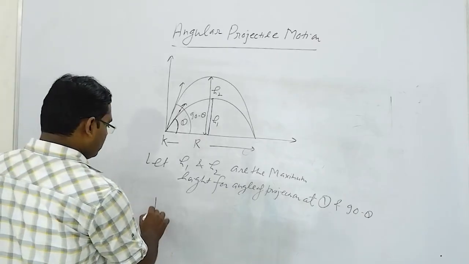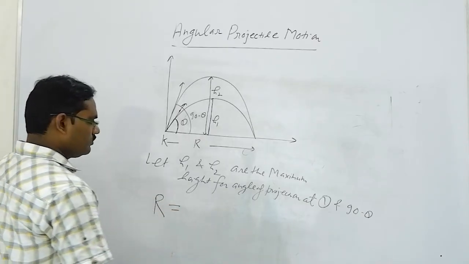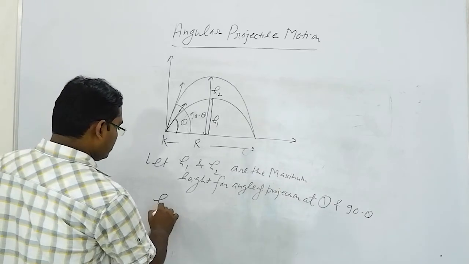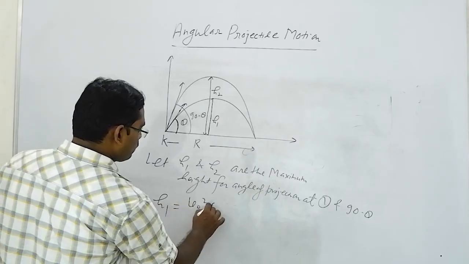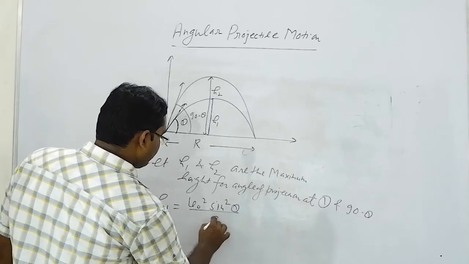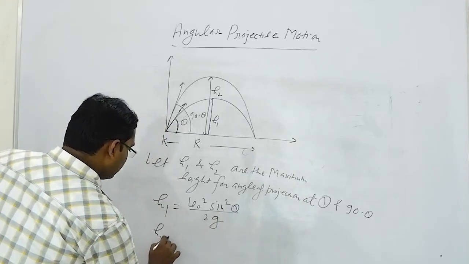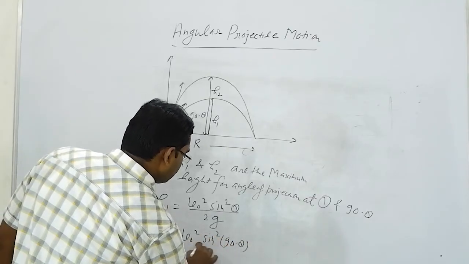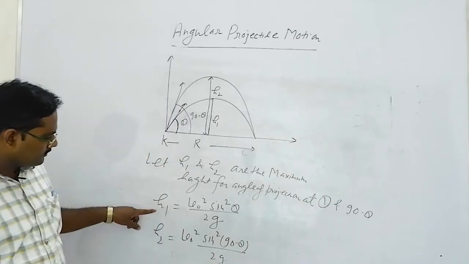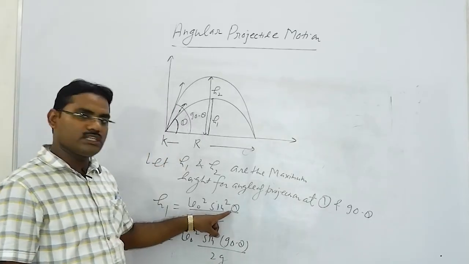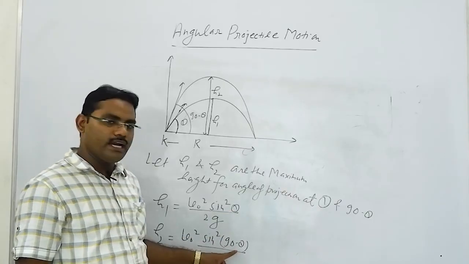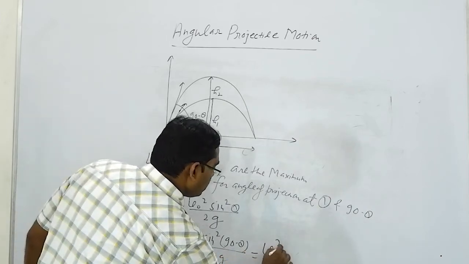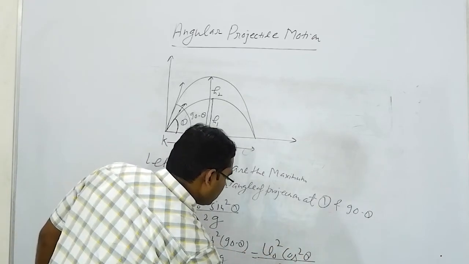Then what happens? H1 is equal to v naught square sin square theta divided by 2g, and H2 is equal to v naught square sin square 90 minus theta divided by 2g. H1 is at angle of projection theta and H2 at angle of projection 90 minus theta, and this gives v naught square cos square theta divided by 2g.